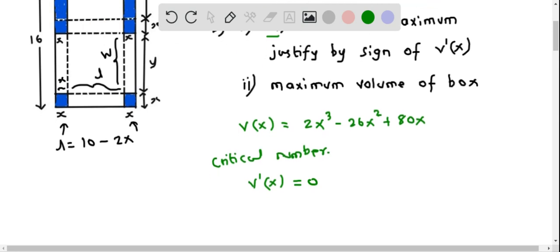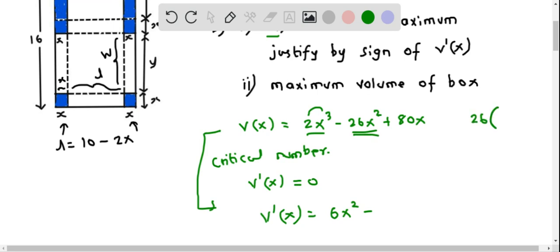So let's find the derivative of the volume function, that is V prime of x, and this equals the derivative of 2x cubed, which is 6x squared, because the 3 will get multiplied with 2, and we reduce the power by 1. So 3 minus 1 is 2. And then the derivative of negative 26x squared is 26 times the derivative of x squared, which is 2x.